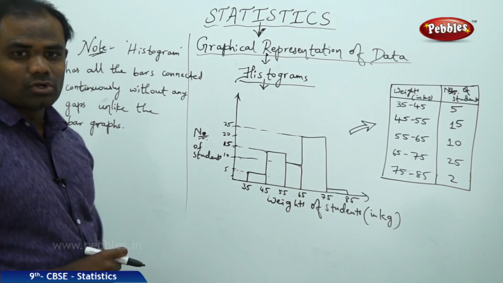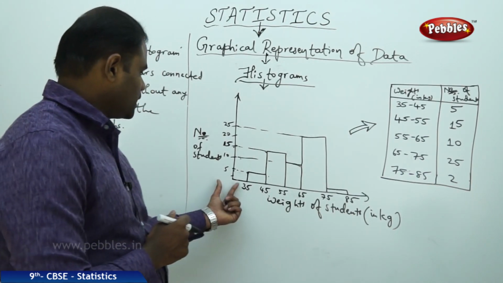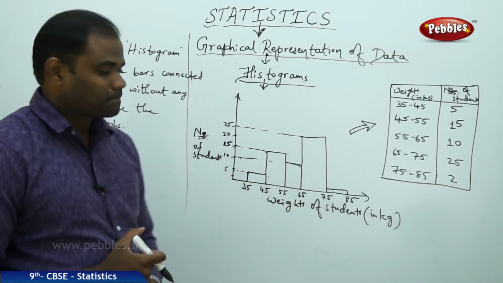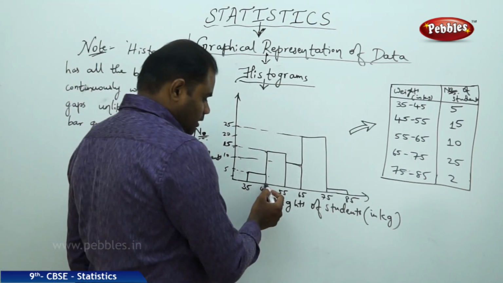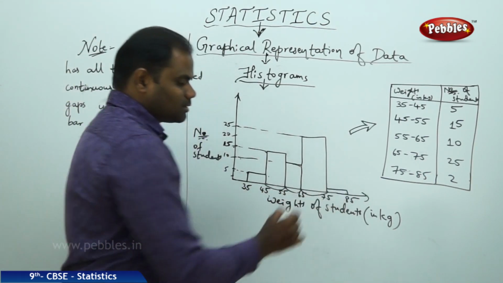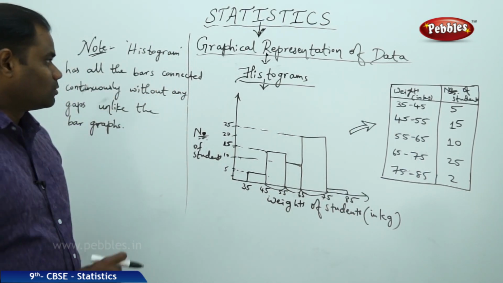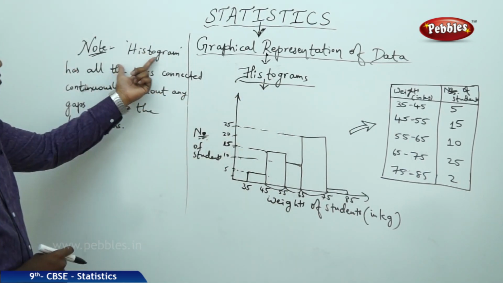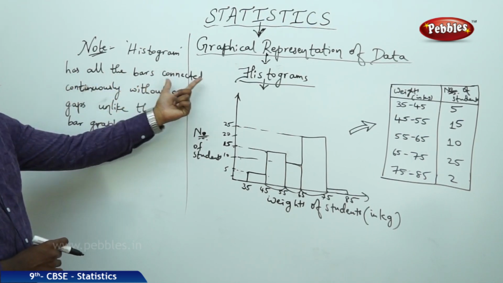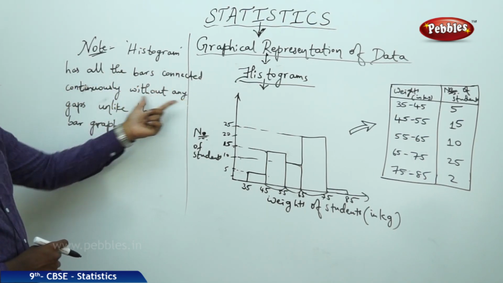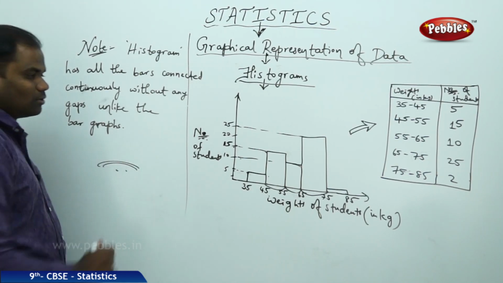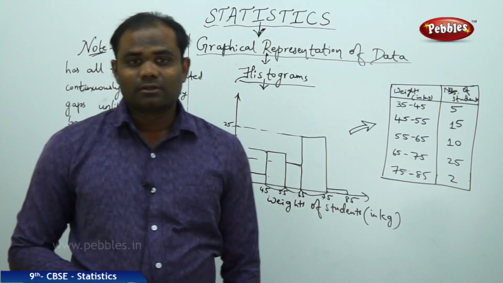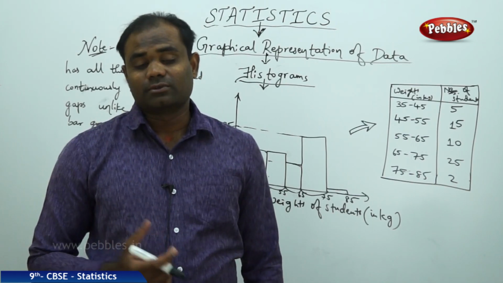It's very important to note that in bar graphs we had gaps in between, but when we take the histogram, there is no gap, but they are continuously developed until the last. So the one major difference is that histogram has all the bars connected continuously without any gaps, unlike the bar graphs. That is how we differentiate between a bar graph and a histogram.